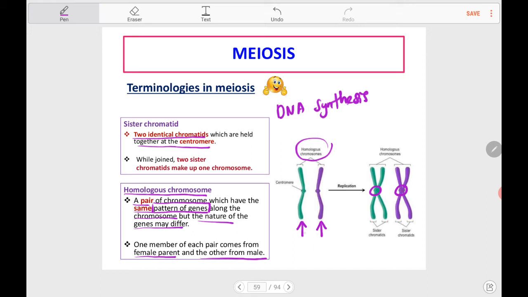For example, in this diagram, the one on the left could come from mother, while the one on the right could come from father. After undergoing replication, each of the chromosomes will now have two sister chromatids.